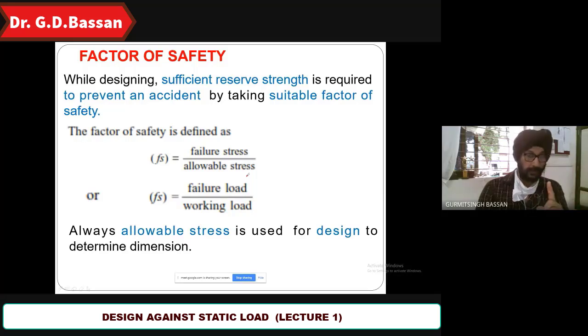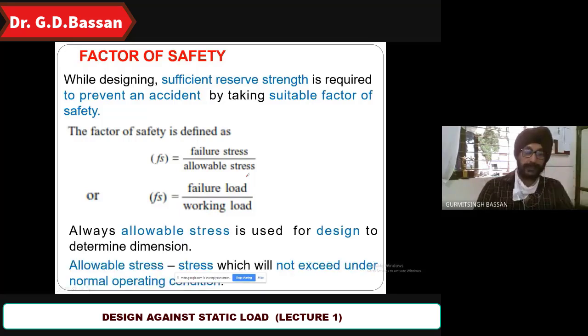So remember one thing, always use allowable stress as the design criterion for any component. And what is allowable stress? It is the stress which will not be exceeded under normal working condition.